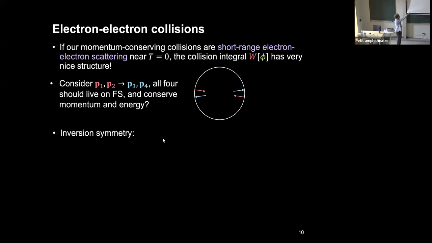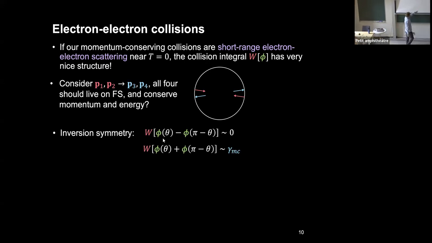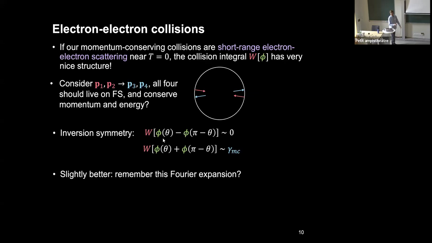But the point is that this picture of the scattering process has an approximate inversion symmetry. So the collision integral approximately annihilates the inversion odd sector of this phi angular Fermi surface deformation. So we could approximate that the rate is 0 for any inversion odd component of this phi variable, but we'll still call gamma momentum conserving the relaxation rate of the even part. And then you can do even better.